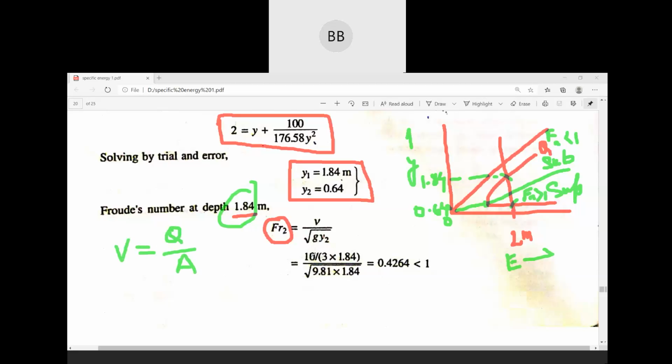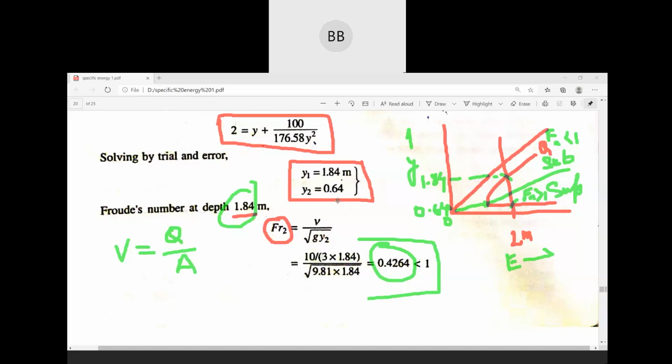Area is again B into y, so B is 3 meter, y is 1.84, and discharge is given as 10 meter cube per second. Divided by root of g y, where g is 9.81 multiplied by 1.84. You will get 0.42, which is less than 1. So for subcritical, your Froude number is always less than 1. So it's correct.